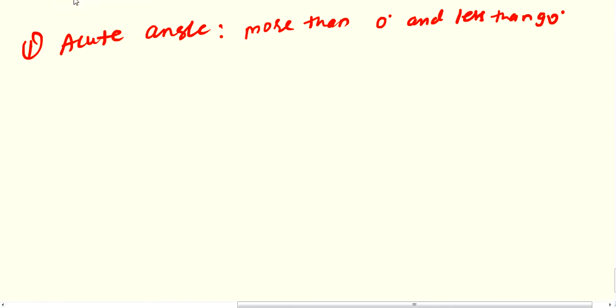So maybe you will have angles like that. For example, this one is 60 degree, an acute angle, and for example this one is 70 degree, again an acute angle.